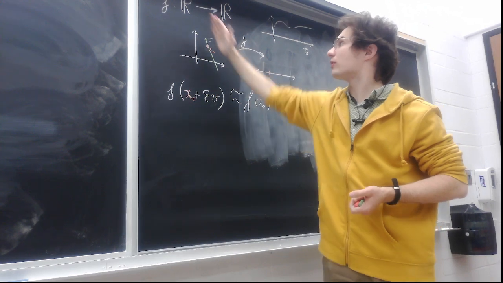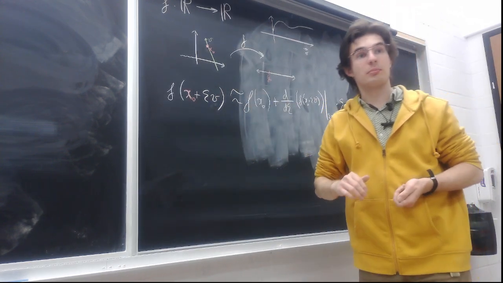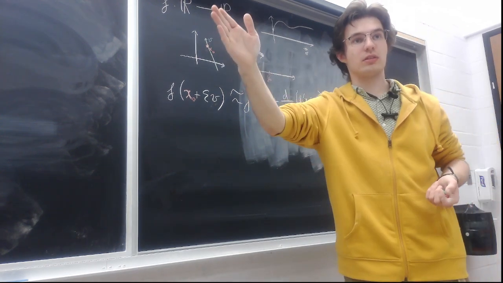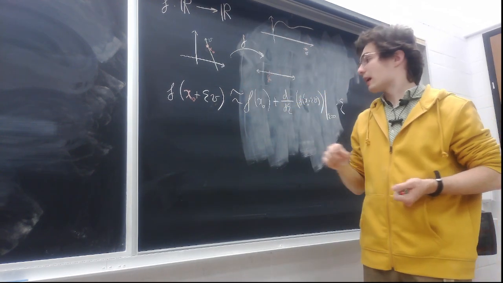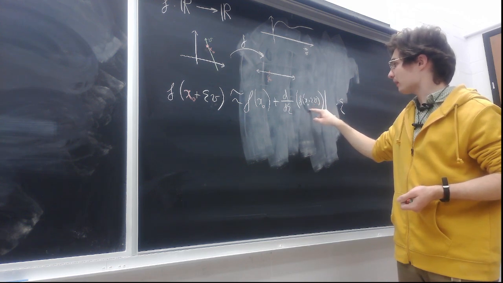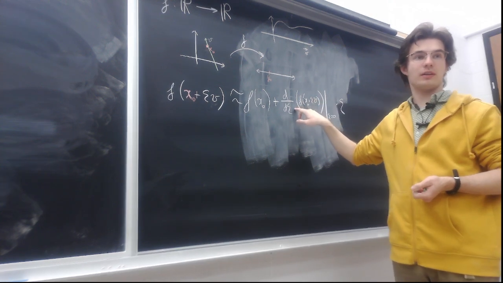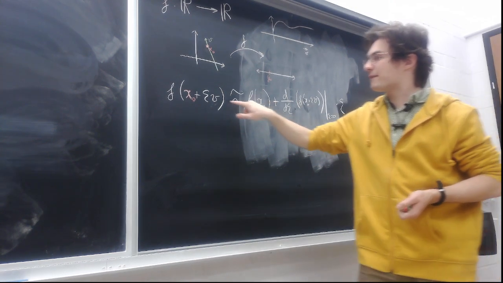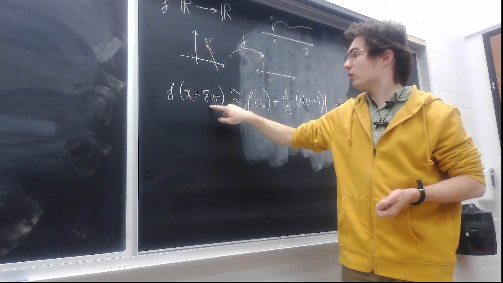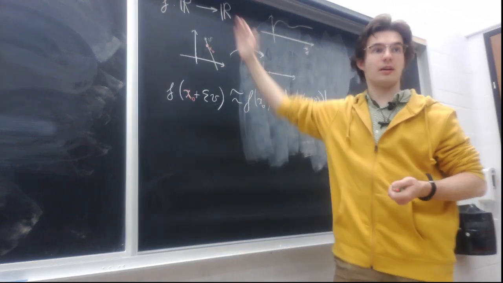Suppose v is this line, this direction. Now I can look at how f changes if I were to go in this direction. That would be given by taking the derivative of f of x naught plus epsilon v with respect to epsilon. I'm fixing the vector v, I'm fixing this vector x naught, and by changing epsilon, I get to evaluate the function along this line, up and down.